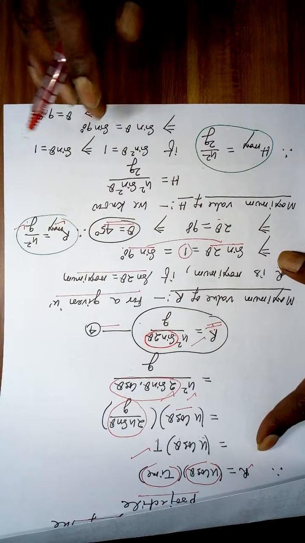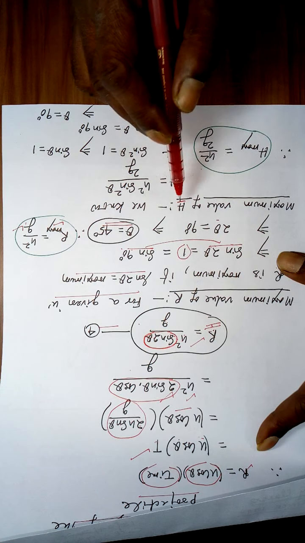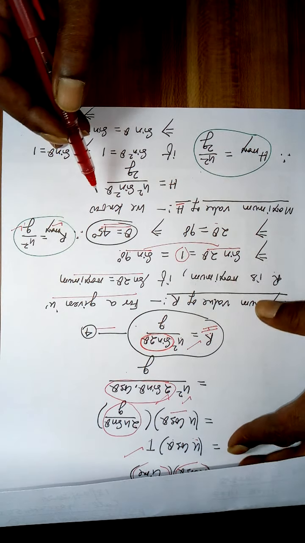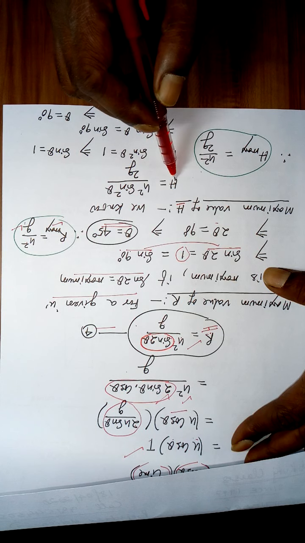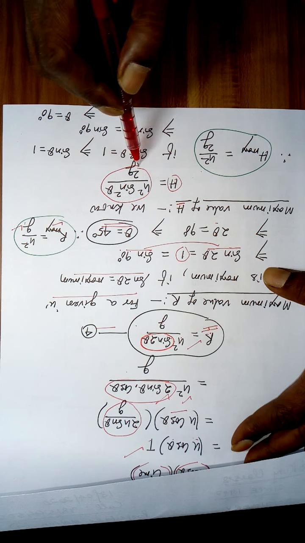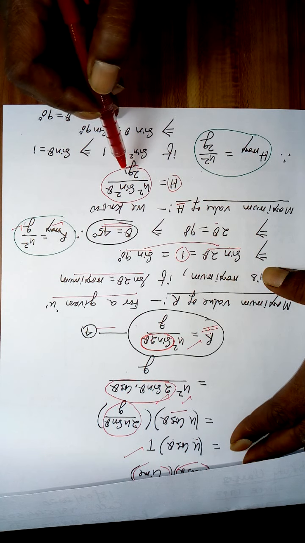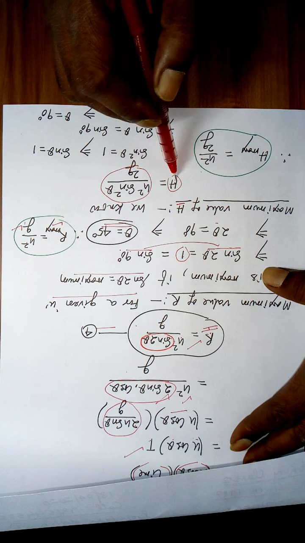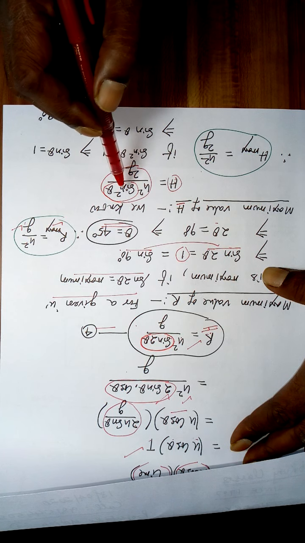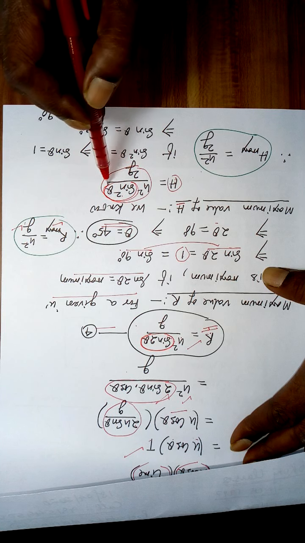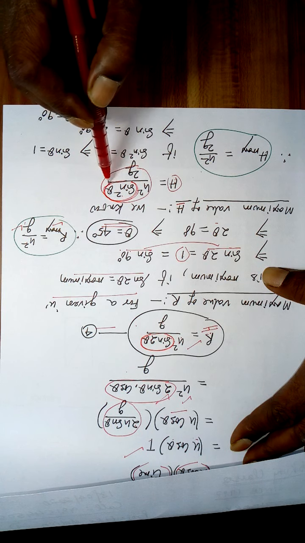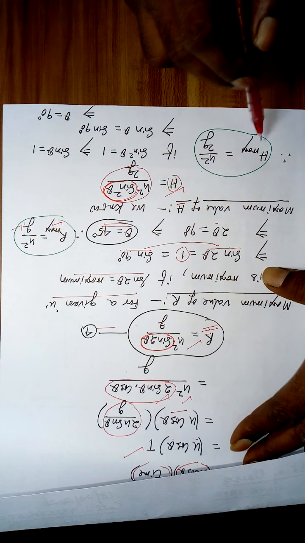Now similarly, the maximum value of h. We just derived the value of h. For a given u and g, h depends on sine square theta. This is a fraction and this part is in the numerator. So if sine square theta is maximum, h will be maximum.